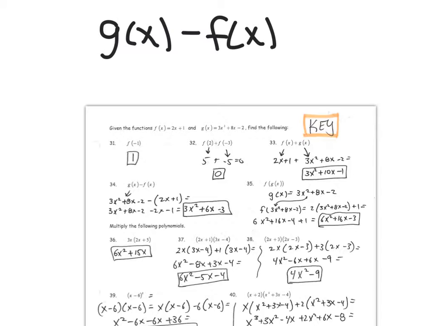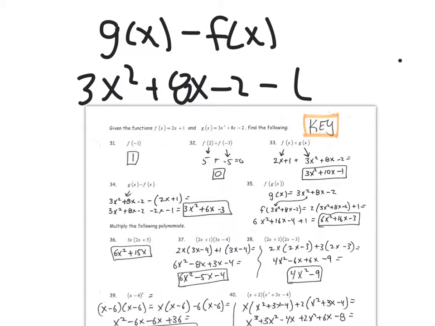Okay. Well, g of x is still the 3x squared plus 8x minus 2, and then we're going to subtract all of f of x, which is 2x plus 1. Okay.